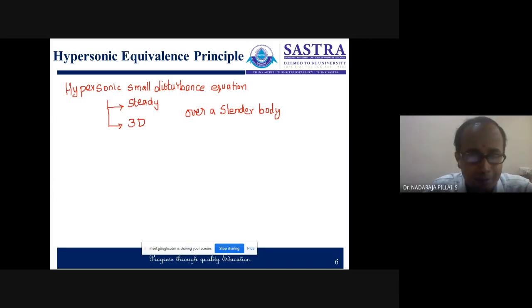This equivalence between these two types of flow is given as a mathematical justification for the hypersonic equivalence principle. I hope you have the hypersonic small disturbance equation already.